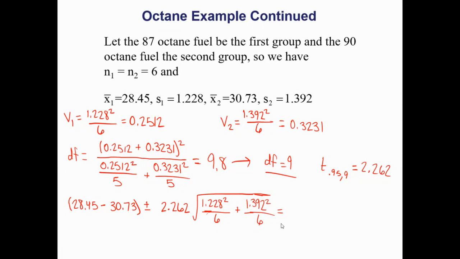So now you have found our difference, combine that together, which would be negative 2.28 plus or minus. And then let's find our standard error.